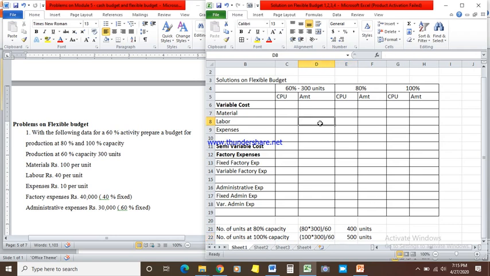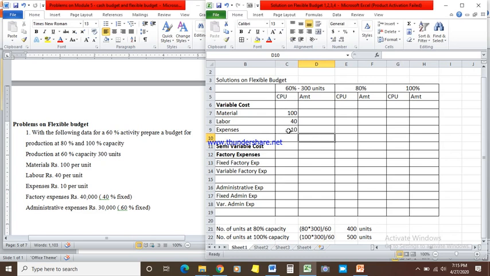So let's write down the cost structure. First you have to write the variable cost, then semi-variable cost, then any of the fixed cost if it is given. In this problem, variable costs are basically material, labor and expenses. So the per unit material cost is given as 100, labor 40, expense 10.